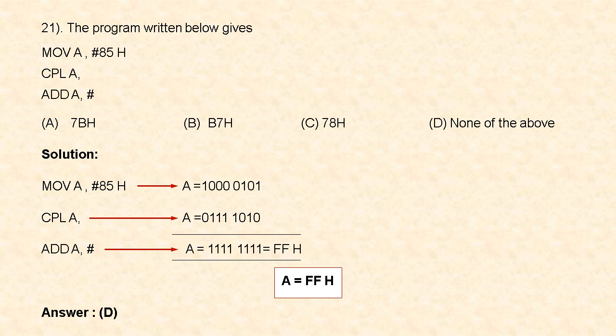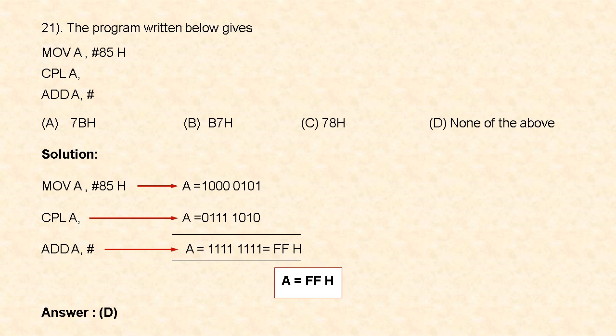The first instruction, MOV A, #85H, stores the binary equivalent of the number 85, that is 1000101, in the accumulator. The next instruction, CPL A, complements each bit of the number stored in the accumulator and stores the result again in the accumulator.